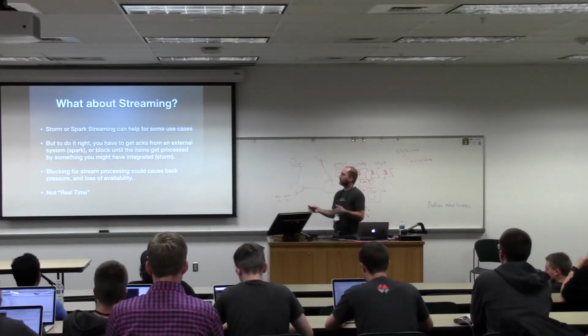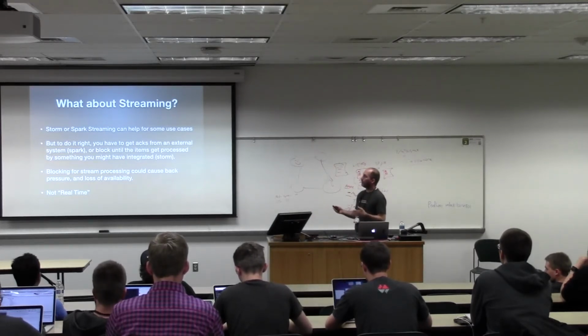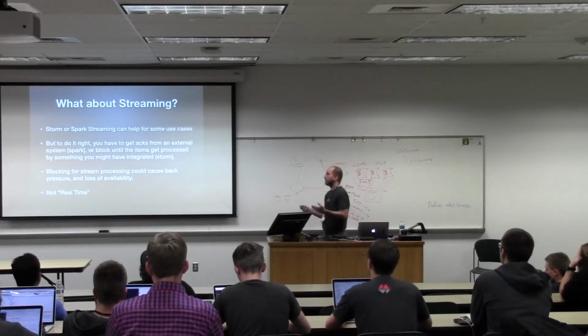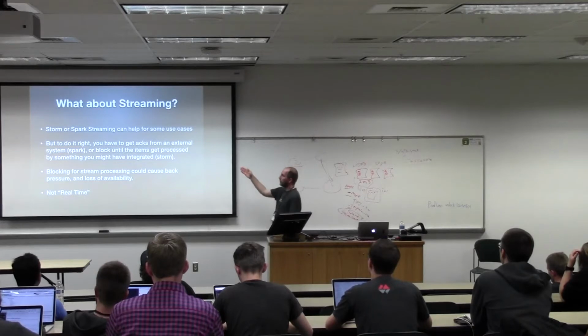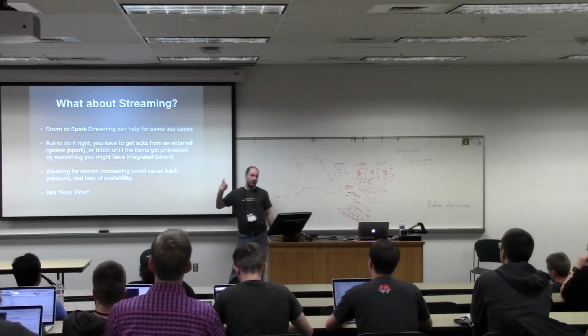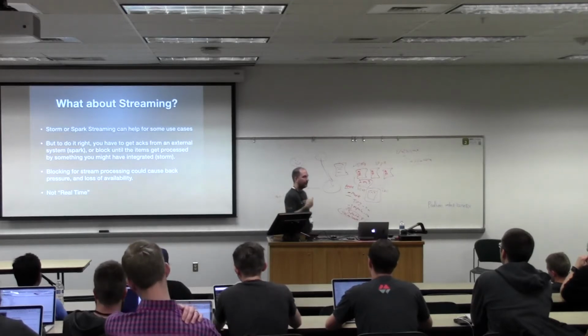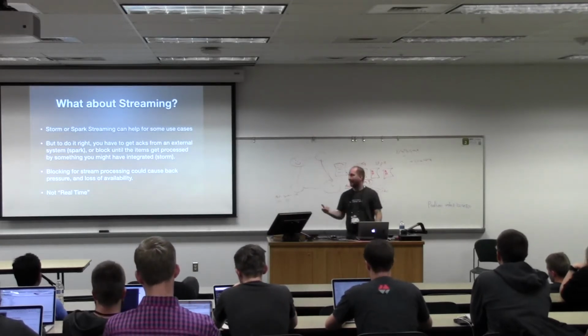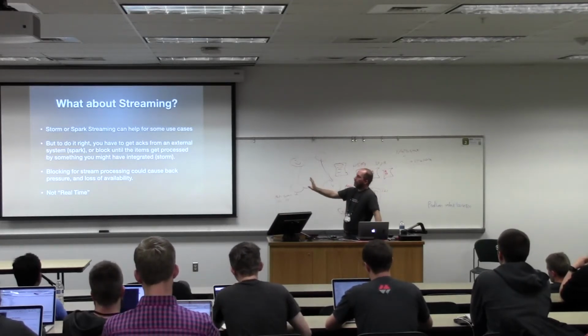There are several things you can do to try to make it more reliable. But basically, if you don't do it right, and if you're not using queues in front of your system, then the stream has to keep up with your inserts on your database. And it's difficult to even call it real time.